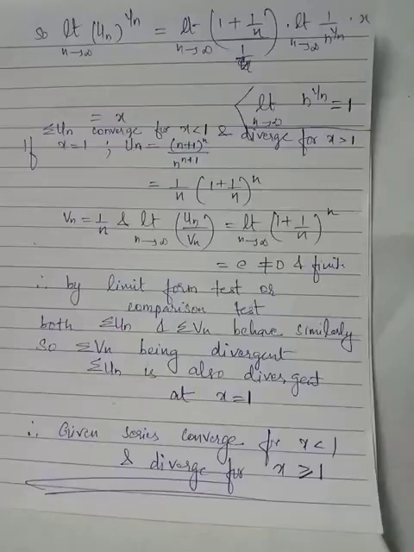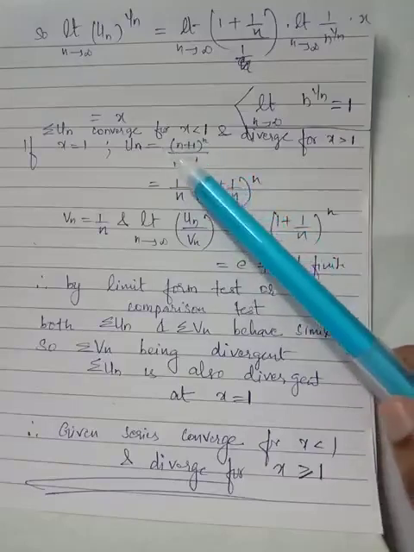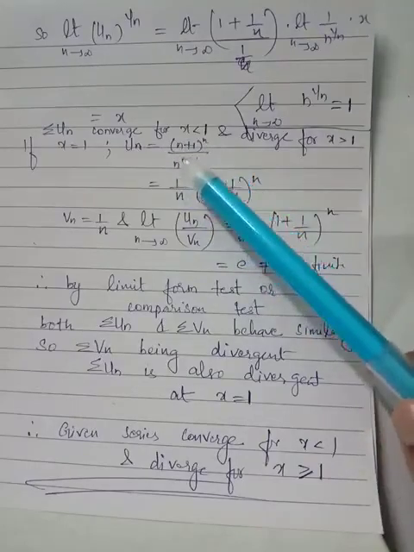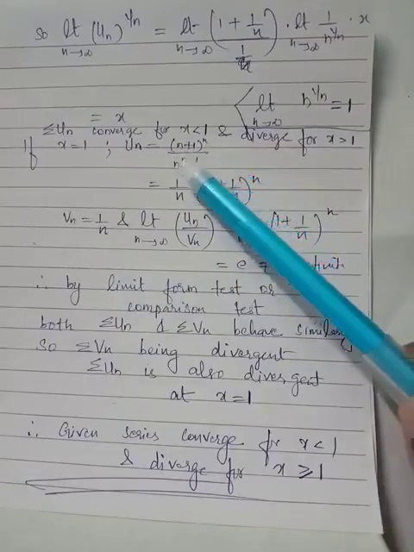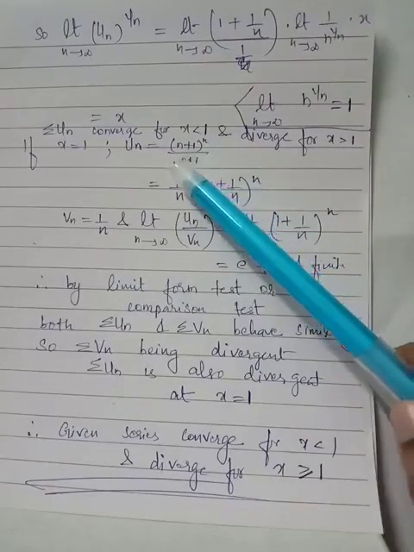So, we specifically examined the point x equals 1. At x equal to 1, the general term un becomes (n plus 1) the whole raised to n divided by n raised to n plus 1. This can be rewritten: n raised to n plus 1 can be written as n raised to n into n raised to 1.